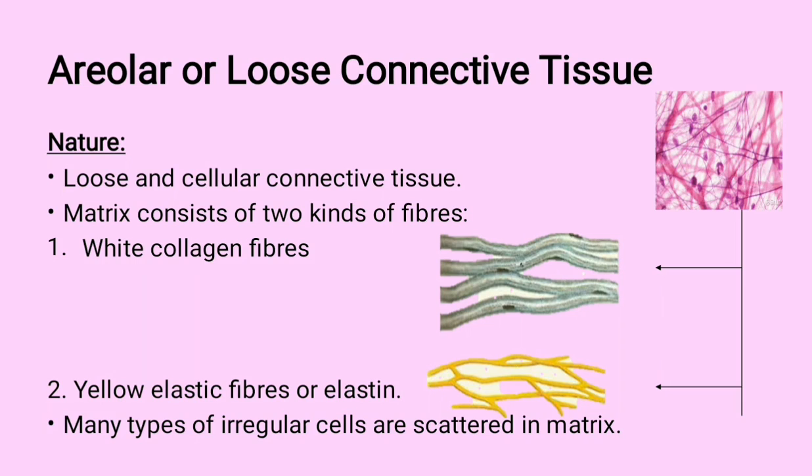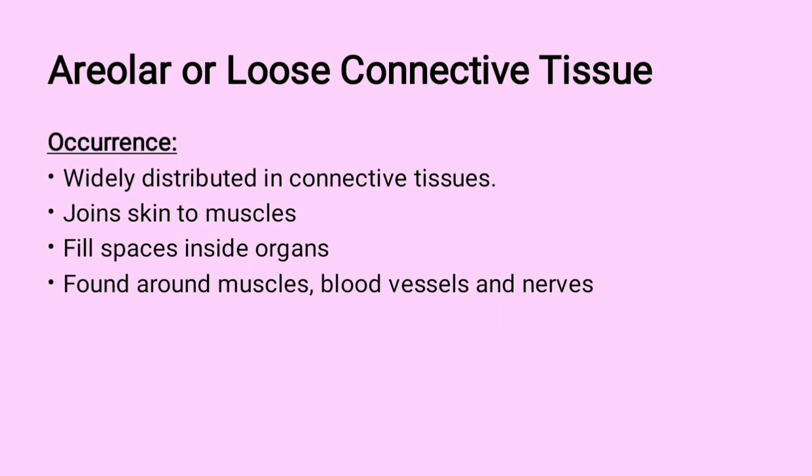Also scattered in the matrix are several kinds of irregular cells, for example fibroblasts, and some which can engulf bacteria and prevent infection, such as macrophages. Mostly these areolar or loose connective tissues join skin to muscles, fill spaces inside organs, and are found around muscles, blood vessels and nerves.